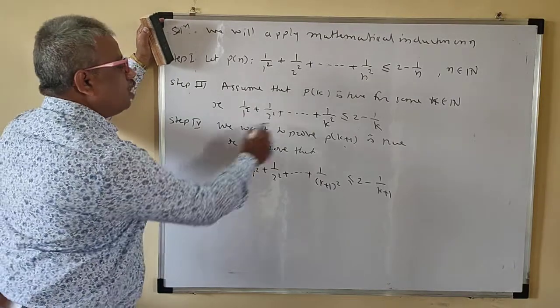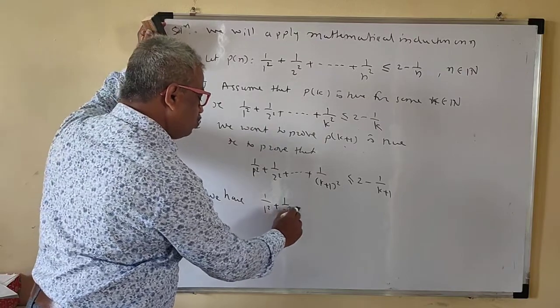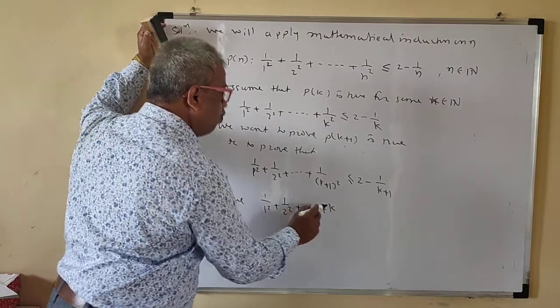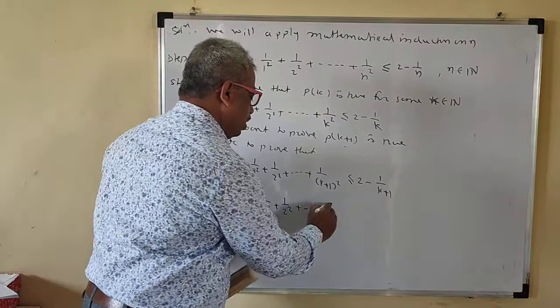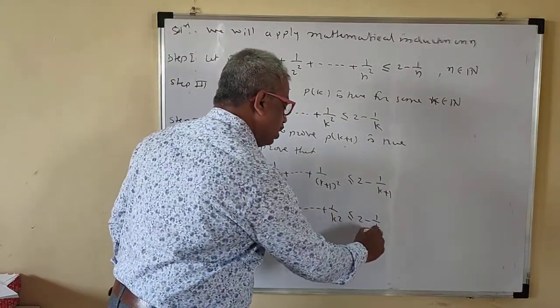By step 3, we have 1/1² + ... + 1/k² ≤ 2 − 1/k.